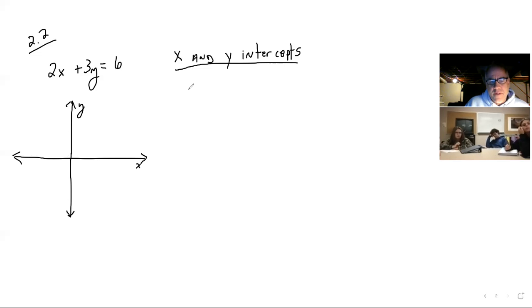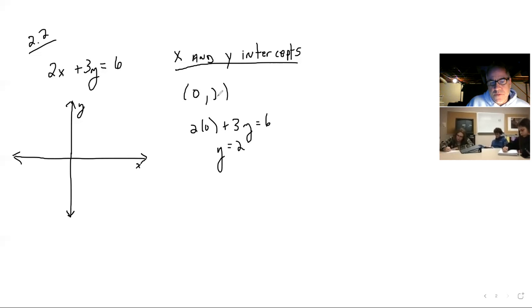So to find x and y intercepts, say we're finding the x and y intercepts of this. In one case, for the y-intercept, I'm going to let x be 0. So in for x, you substitute 0, and this one's fairly simple, and solve for y. In this case, y is going to end up being 2. And I would say that is the y-intercept.